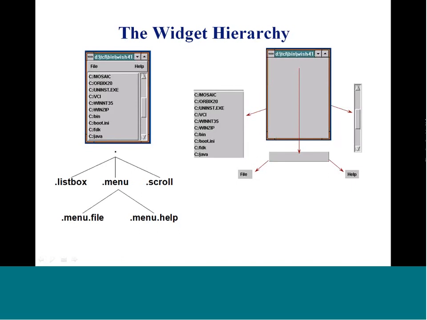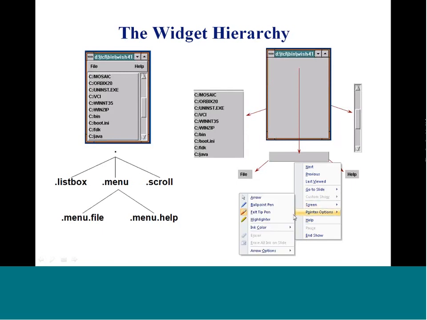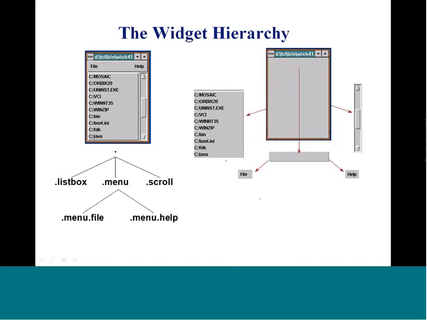You can see this is all the top ones, which is the list box, here is the menu, and here is the scroll. Those are the three main things.